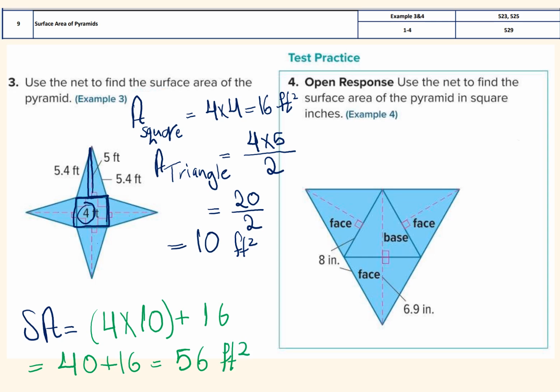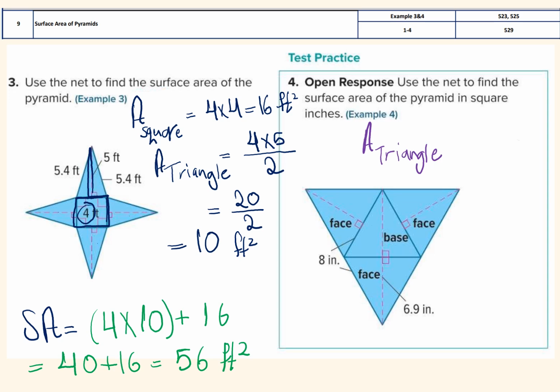Question 4. What if the base is a triangle? Let's look at that pyramid. That pyramid has 1, 2, 3, 4 identical triangles. So I'm going to find the area of one triangle. And finally, I'm going to multiply my answer by 4.